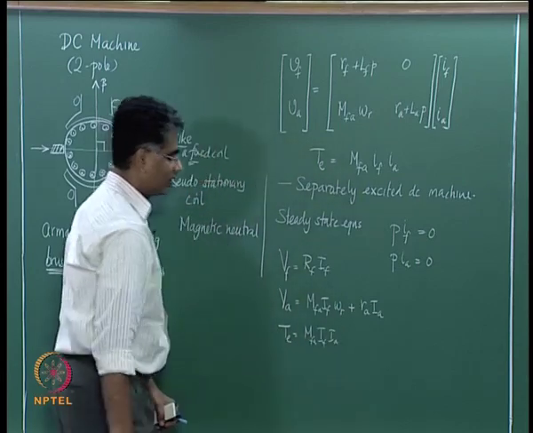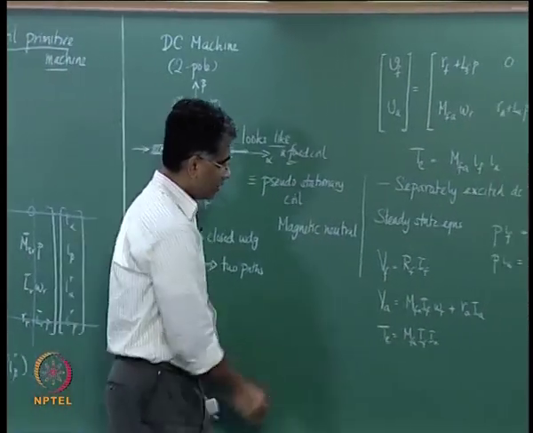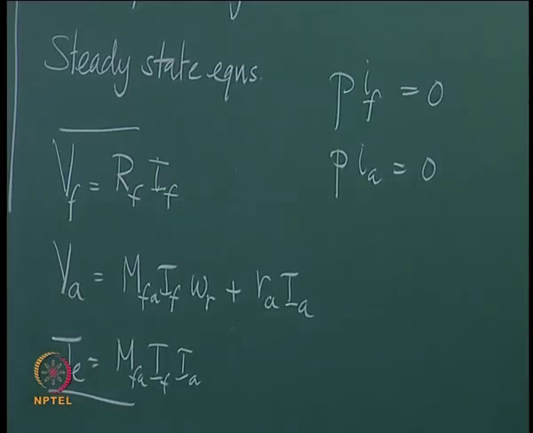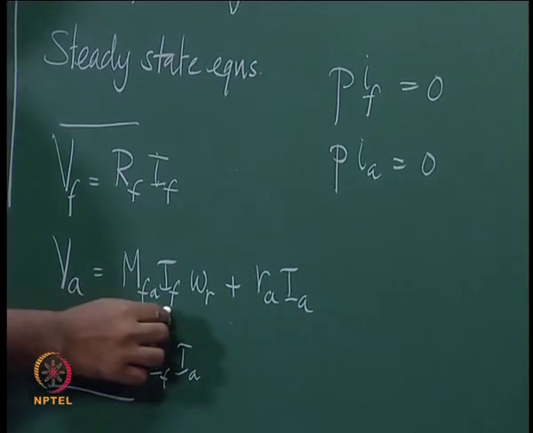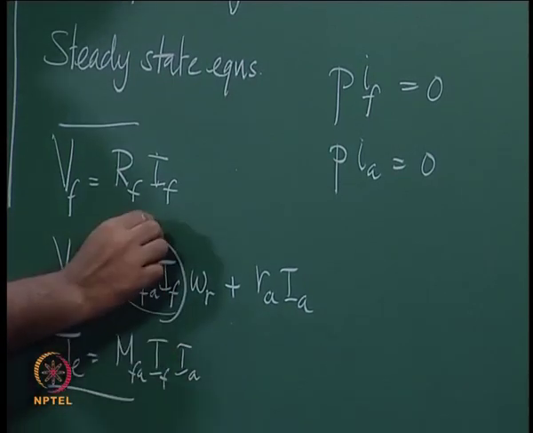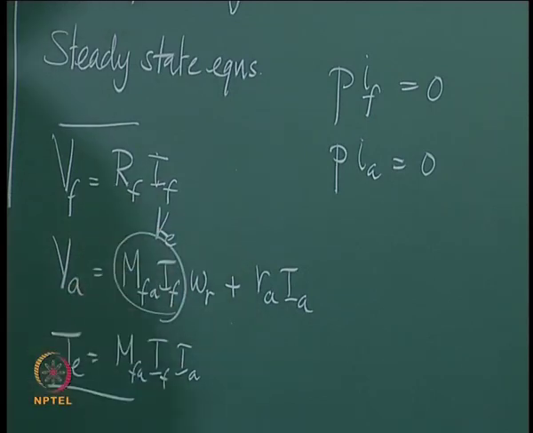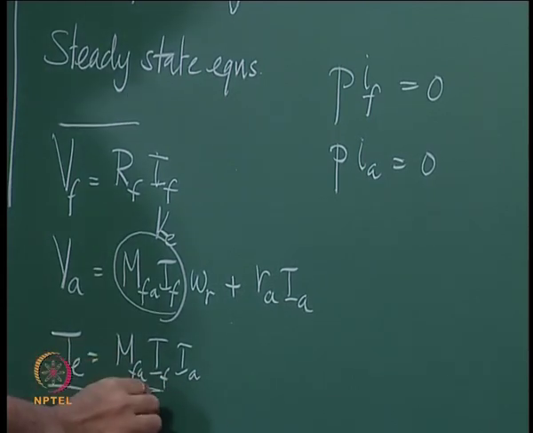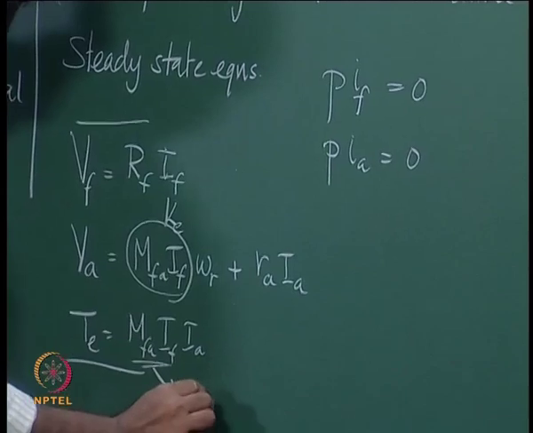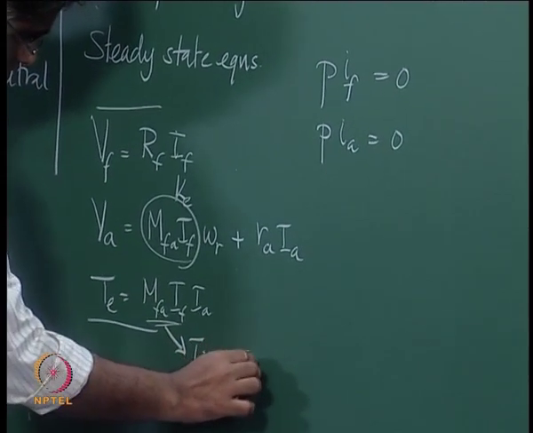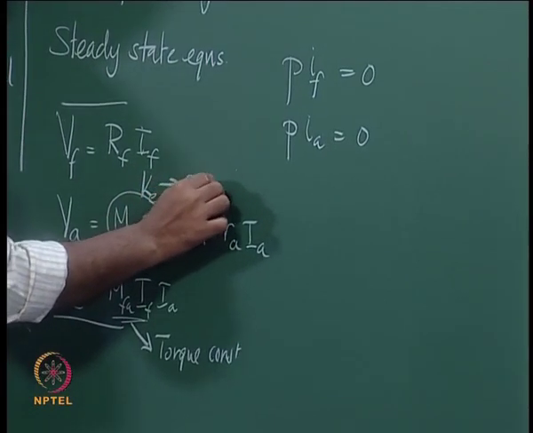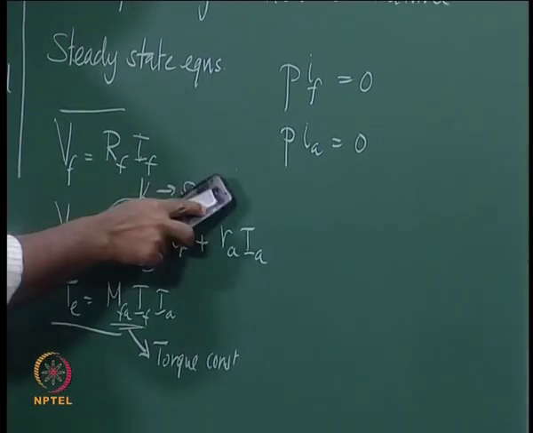So these are the equations that you would have seen even earlier as equations for the separately excited DC machine. This term would then be called the speed EMF term, and this term is the torque constant, and this would be the speed constant, or rather the EMF constant.